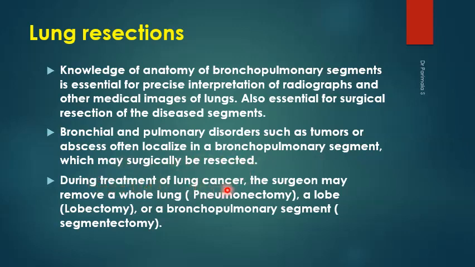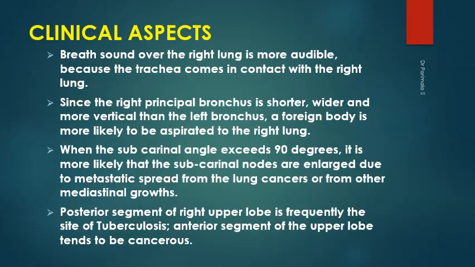During treatment of lung cancer, if many segments are affected and there is no chance of sparing any part of the lung, then the surgeon decides to go for removal of the whole lung, which we call pneumonectomy. If only one lobe, suppose the middle lobe, is affected, then that lobe is resected, which is called lobectomy. And when only one particular bronchopulmonary segment is affected and resected, it is called segmentectomy. So these are types of lung resections.